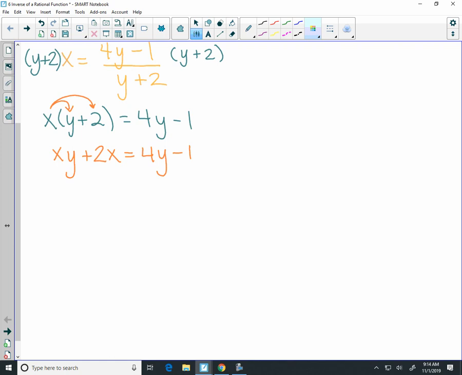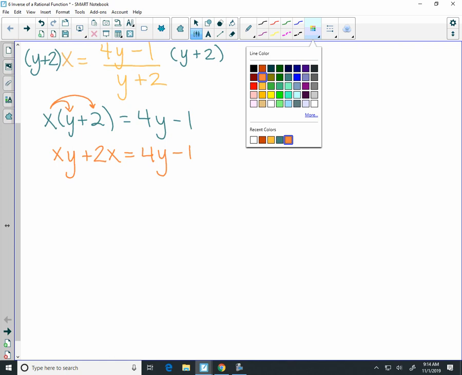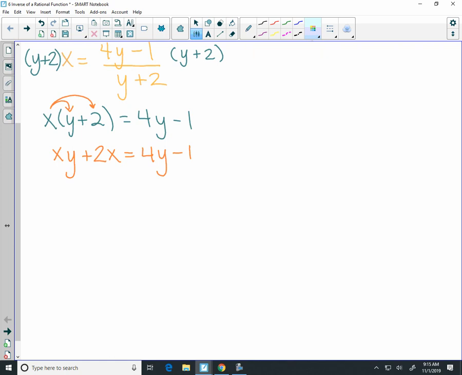Now we need our y's on one side and our x's on the other. So I'm going to pretty consistently, actually I think with every problem, I've been moving my y's to the left and my other terms to the right, because I think that's what you guys kind of were digging when we were doing logarithms. So I'm going to move my 4y this way and my 2x this way.